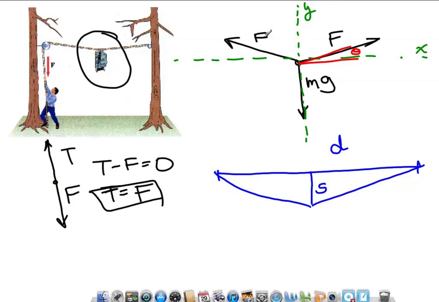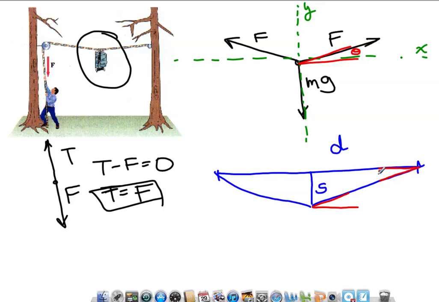And this is essentially where we get our two F's from, this angle here, where the rope has sagged down. So the angle that we're looking for is this angle down here, which by alternate interior angles is the same as this angle up here.